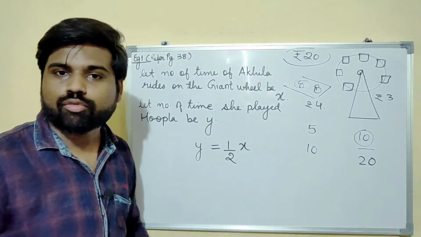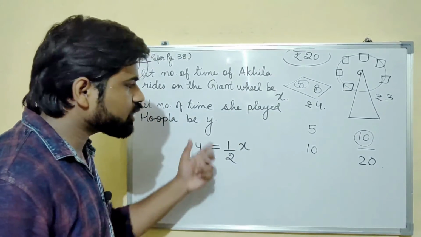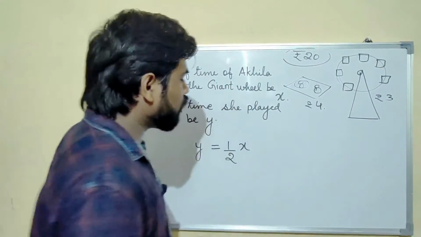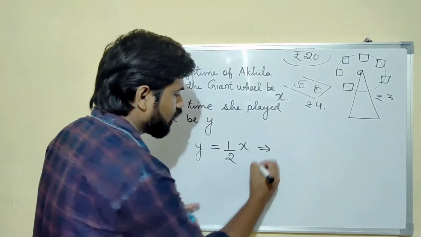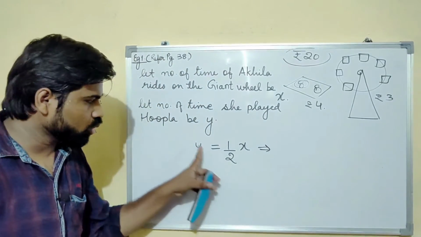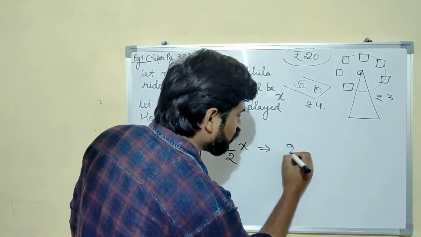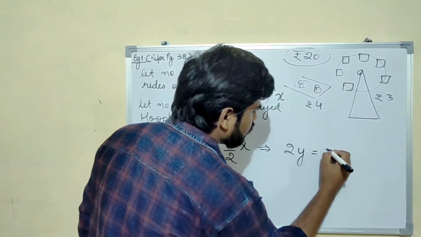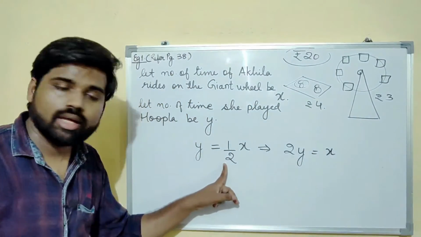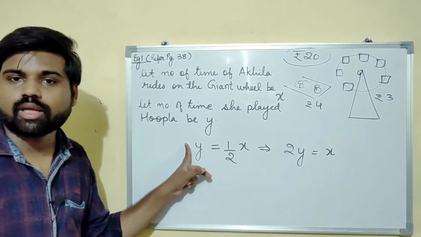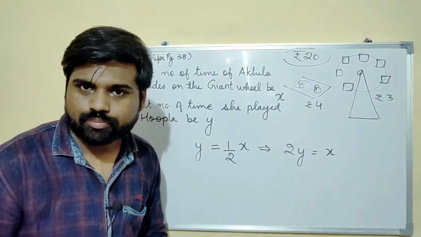So this will be your first equation. First of all, let us simplify it and get a simpler version of this linear equation. Let me just multiply 2 to the y. So it will be 2y equals x. I have transposed 2, so it's dividing here, it will go and then multiply by y.